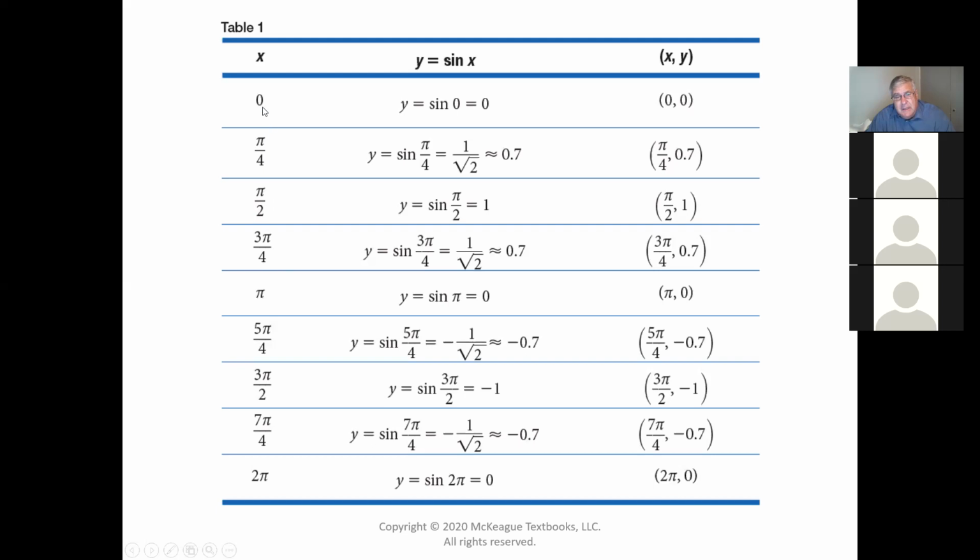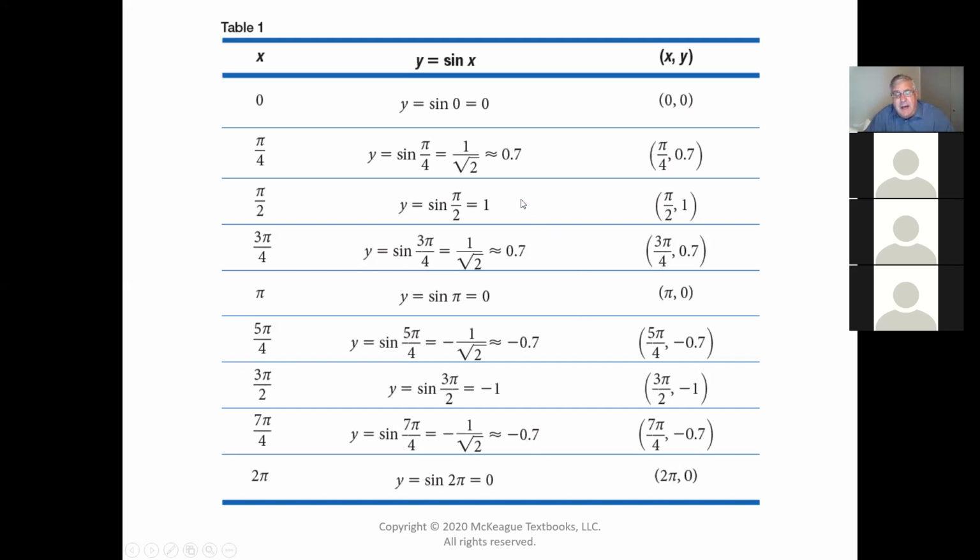Look at 0 pi fourths, 1 pi fourth, 2 pi fourths, but 2 pi fourths is really pi halves. 3 pi fourths, 4 pi fourths, but 4 pi fourths is pi. 5 pi fourths, 6 pi fourths, but 6 pi fourths is really 3 pi halves. 7 pi fourths, and then 8 pi fourths, which is better known as 2 pi. So these are separated by pi fourth units.